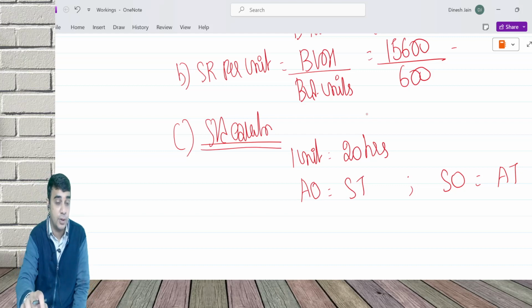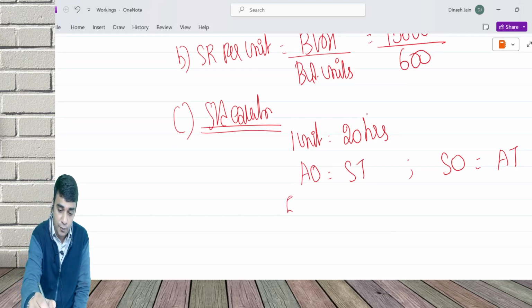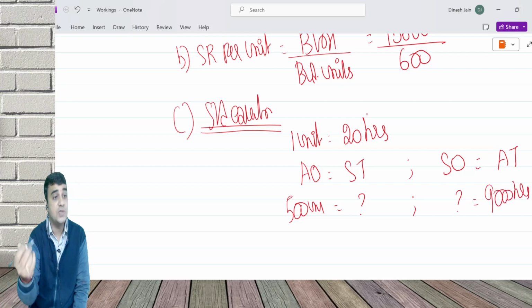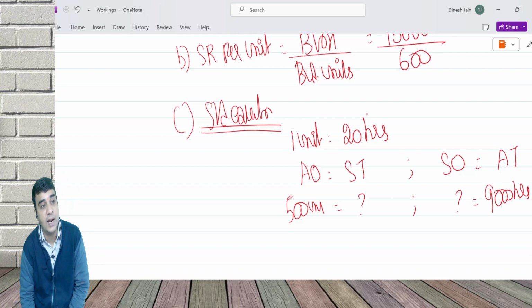What is the actual output? 500 units equal to question mark. What is the actual time? So these two question marks will give you SH and SO. I don't need it to solve the question, but just to show you that both are possible, I'm doing this calculation.